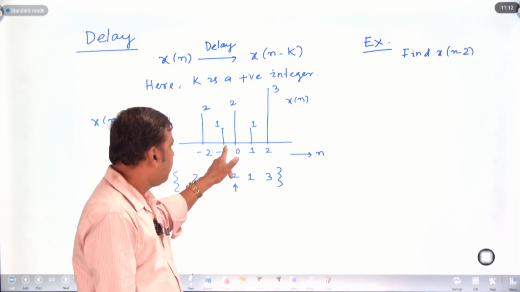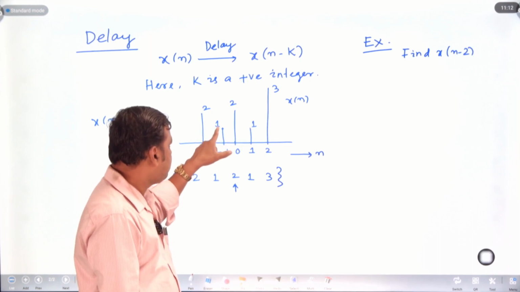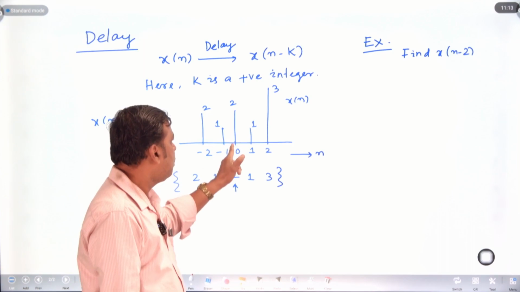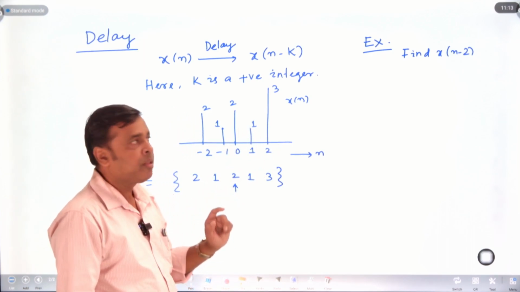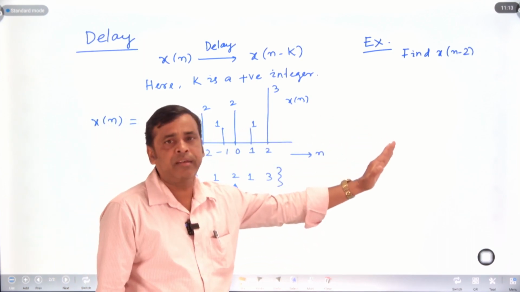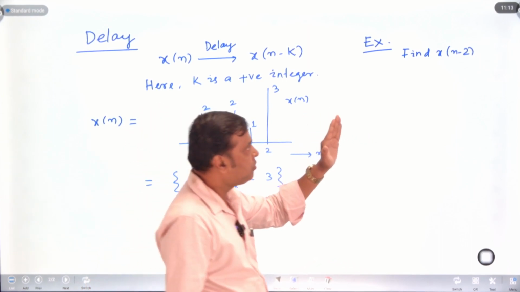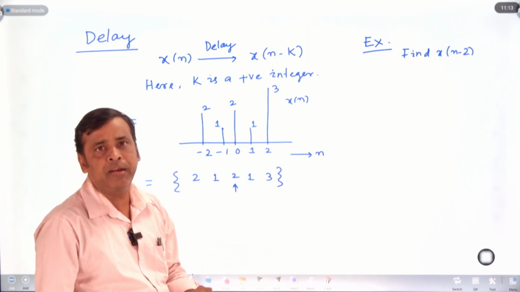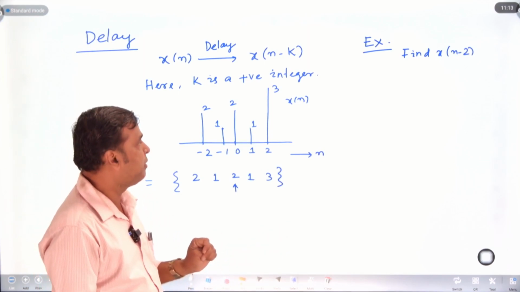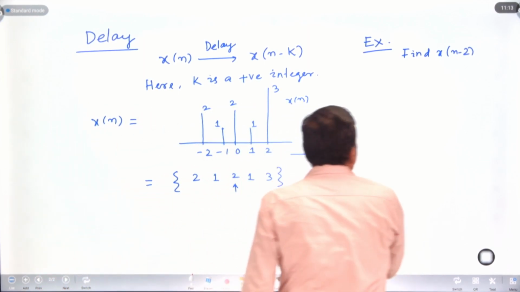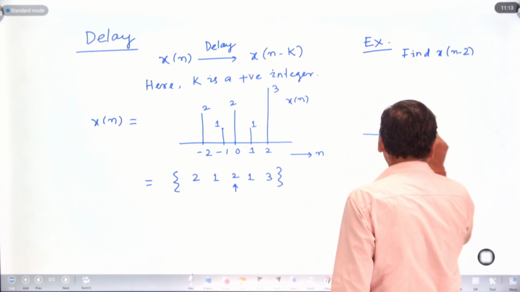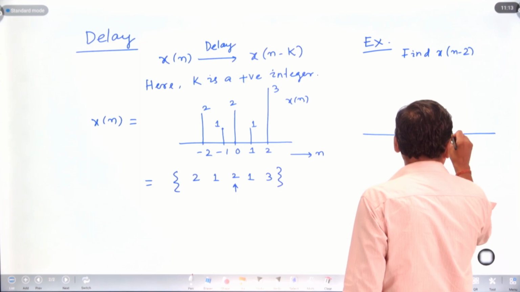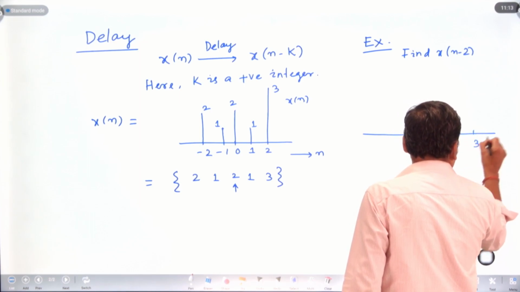What is at n equal to -1, that means 1, will appear at +1. What is at n equal to 0 will appear at 2. That means it is shifted towards the right. If it is delayed by 2 units of samples, each sample is shifted towards the right by 2 units. Here your original signal is x of n, with 0, 1, 2, 3 and 4.